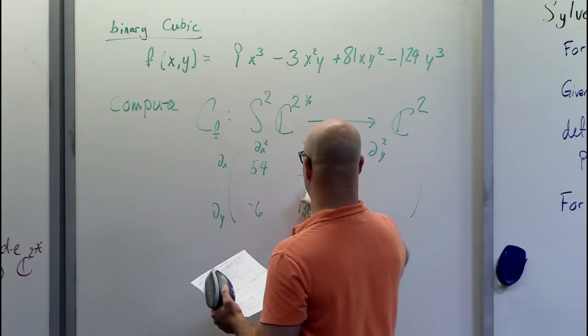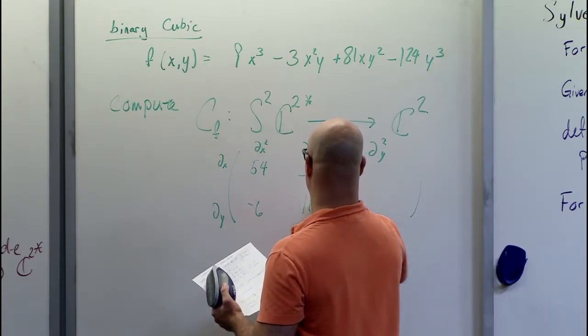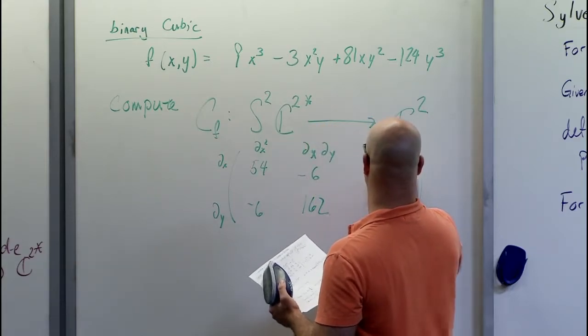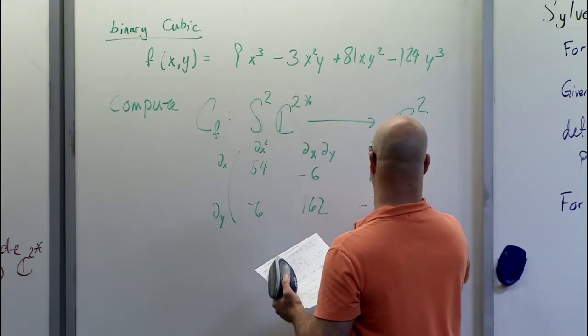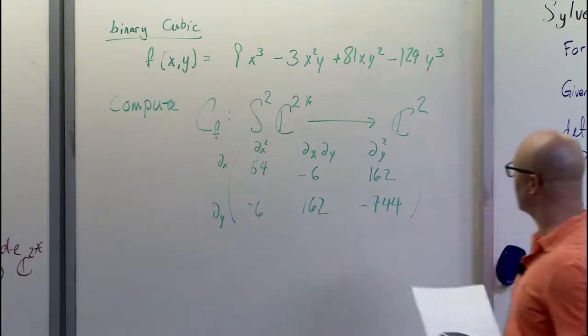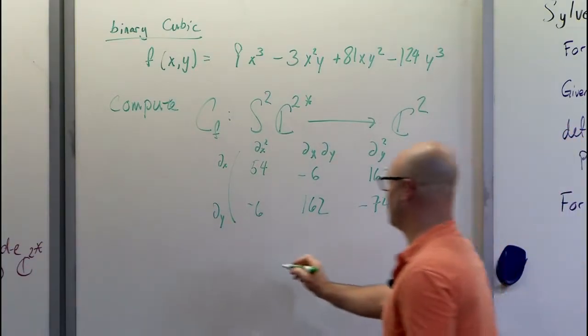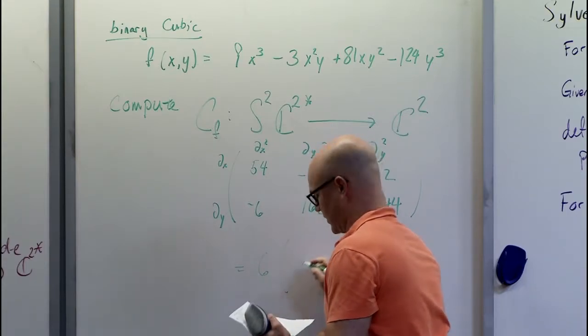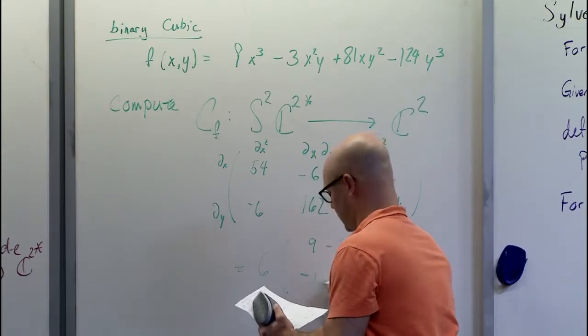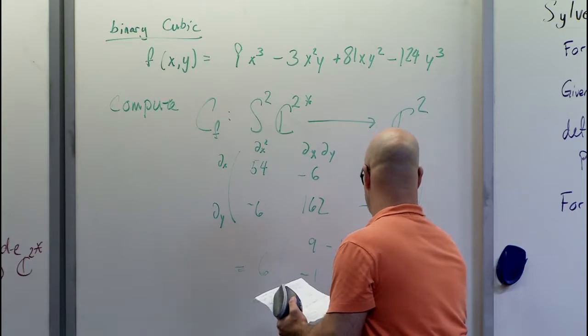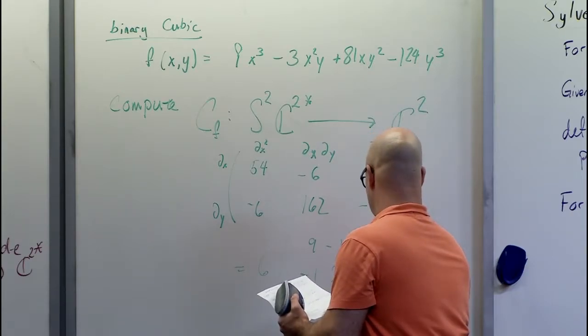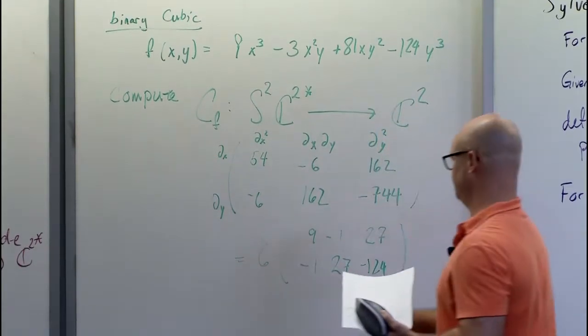Maybe you notice the Hankel structure. Okay, so if I computed all my derivatives correctly, this is... maybe you don't like really big matrices, so this is 6 times 9 minus 1 minus 1, 27, 27 minus 1, 24.